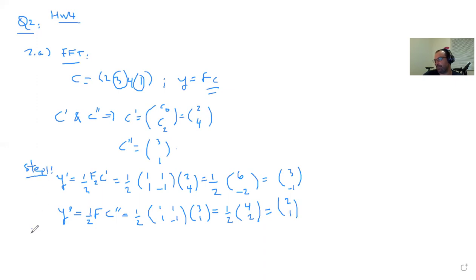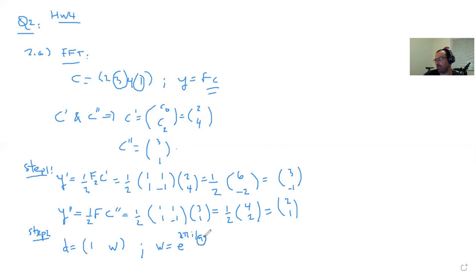Now step 2 is to do what? To define this D, which is going to be a diagonal matrix, where what is equal to 1, W. It should have the same size as y prime and y double prime because it's going to multiply them. And what is W here? We said W is e to the power 2 pi i over n.